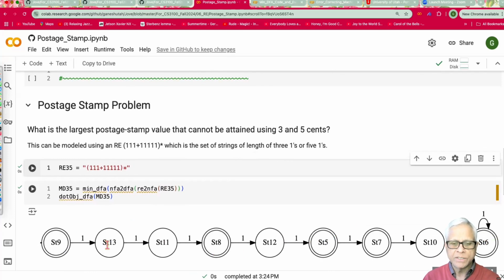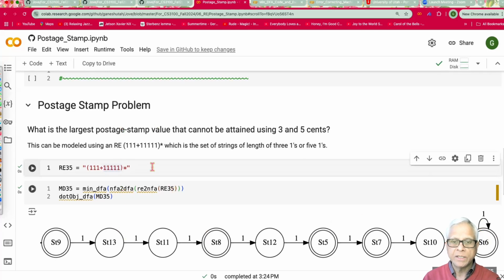So you cannot make 1 cent, you cannot make 2 cents, you can make 3 cents. Cannot make 4, can make 5, can make 6, no 7, and 8 on can be made. This is a cute way which I discovered to make postage stamp problems solvable using regular expressions.